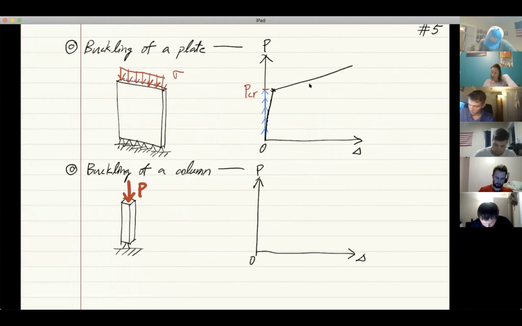It will also exhibit some of the curves, but upon reaching the critical load, you will start exhibiting nonlinear behaviors, usually like this, until it fails. That's the buckling behavior of a column. Here I refer to reinforced concrete columns.